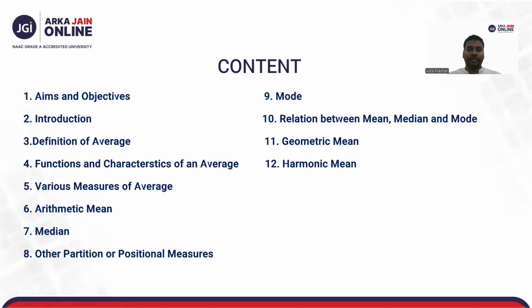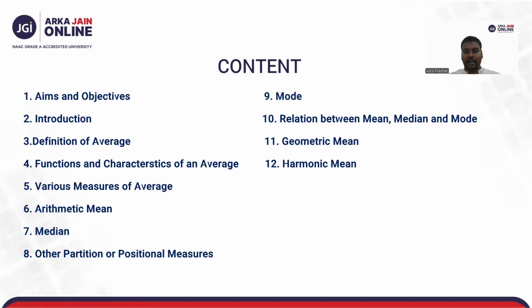And point 5 covers various measures of average, like mean, median, and other approaches based on which we can find the averages. So point 5 is very vital, because it covers the important approaches or measures based on which we can assess and find the average.